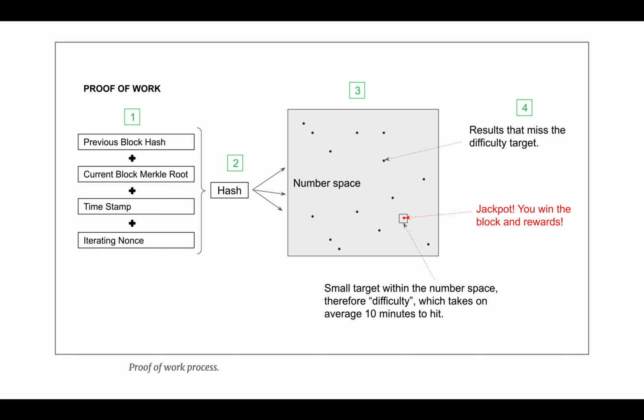As an example, if the whole number space were from 0 to 10, but the difficulty target were set at 3 or below, that means that the miners have to hash several times the first 3 numbers with an iterated nonce until the resulting hash is 3 or below.